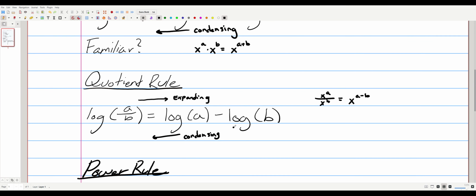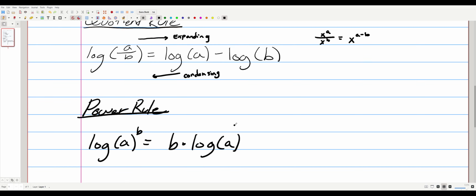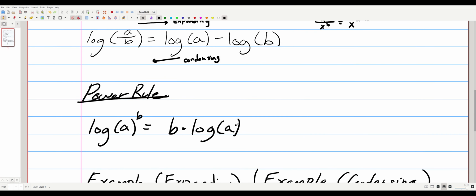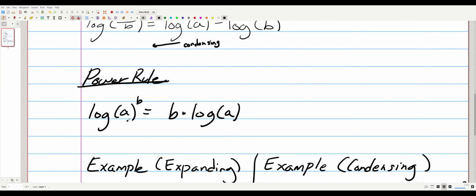Okay? And the third rule is the power rule, which tells us that if we have log of a to the b's power, then we can rewrite this as b times log of a. And just like before, we have an exponential equivalent of this, right?